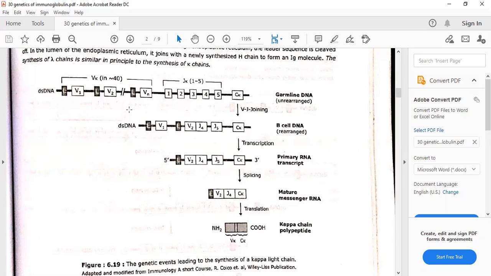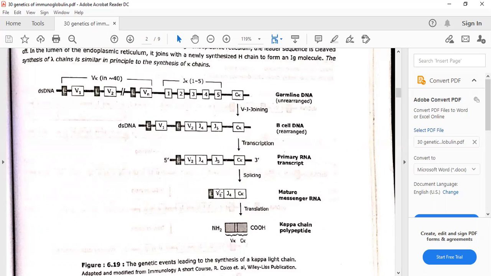There will be a cut which will cleave another region. So here we can find that V1 is joined by V2, and then J1 to J3 will be cleaved here, making a J4 to J5 complex. Then V1 will be cleaved here, making a V2 and J4, J5 complex, which is combined to the constant region.